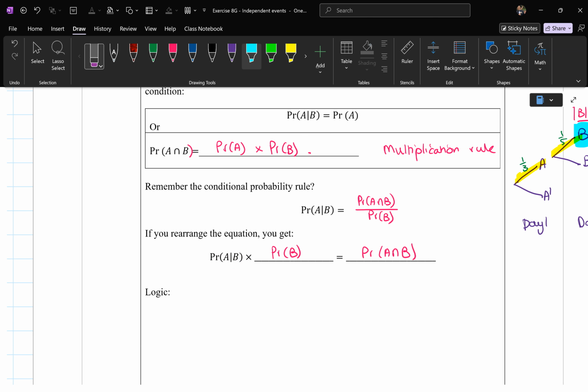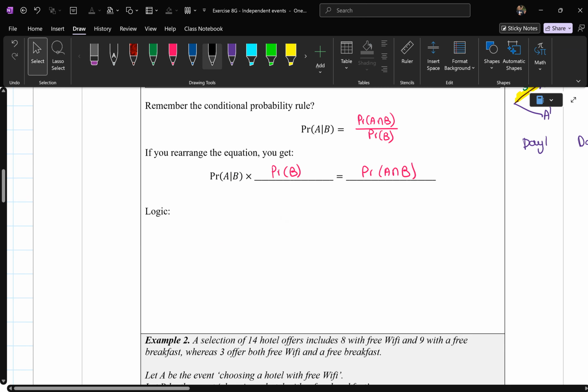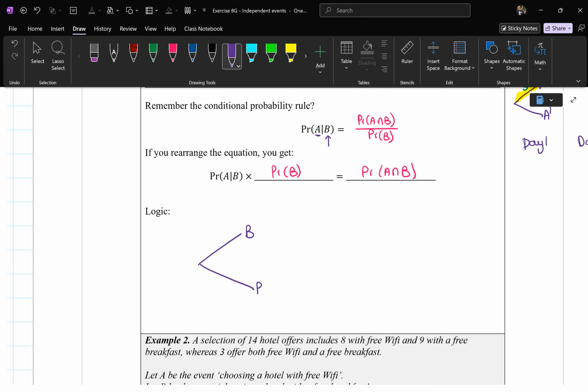And so when I say logic here, I'm going to draw a tree diagram again. In this scenario, it looks like A given B. So it means B had occurred first. So B comes first.